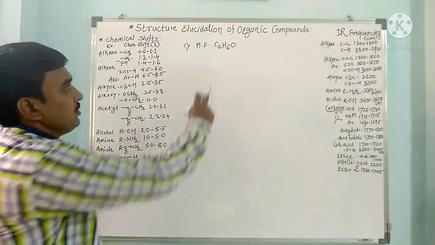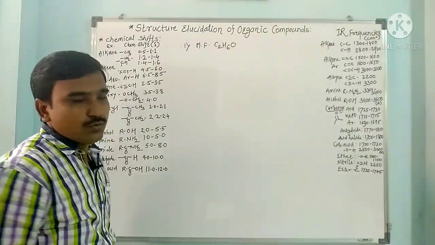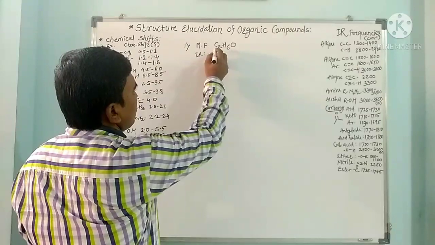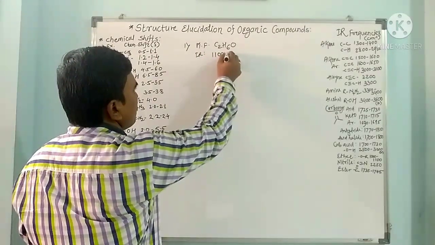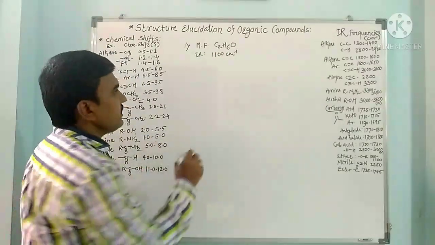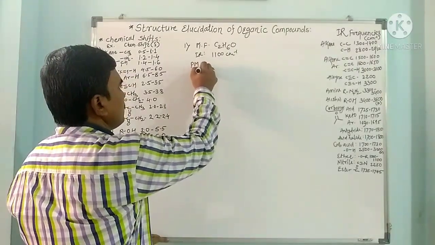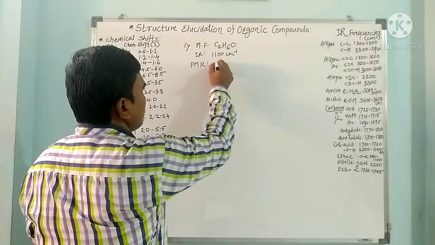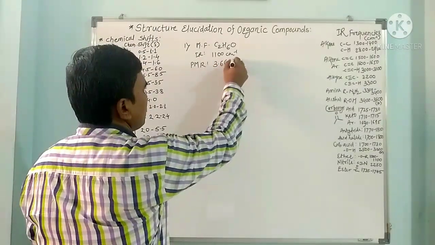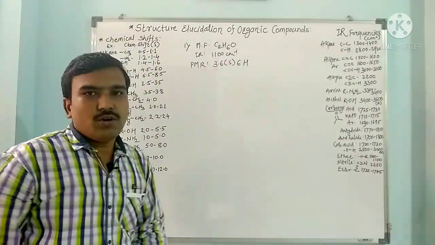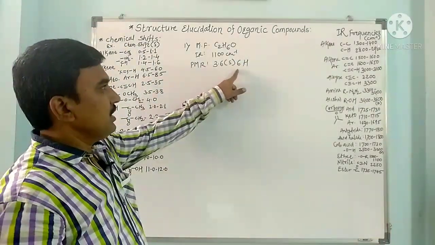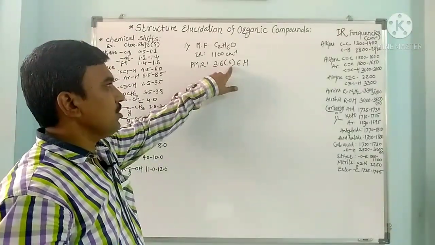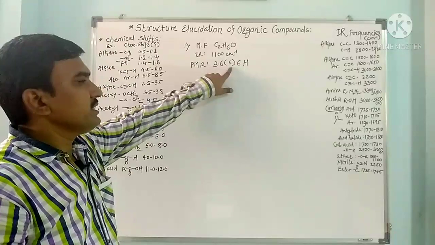For C2H6O, the IR has a peak at around 1100 per centimeter, and in the PMR we have only one signal, at 3.6, a singlet for 6 hydrogens. All 6 hydrogens are identical and highly de-shielded, since the chemical shift is 3.6, and they all give a singlet.